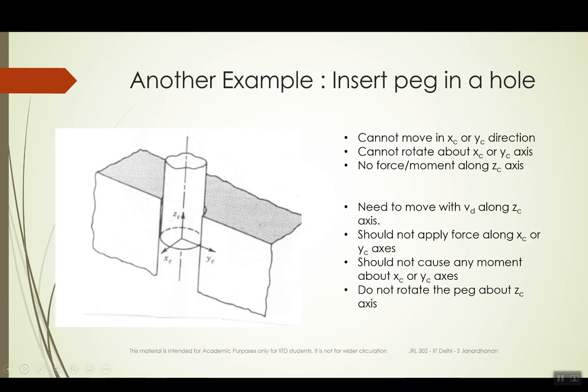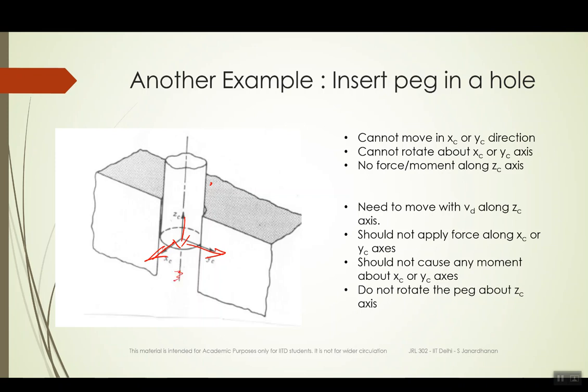Okay, let's take another example. Here in this example, you want to move a peg into a hole. Now, the natural constraints are that the peg cannot move in the y direction or in the x direction, so the velocity along the x and y directions would be 0.